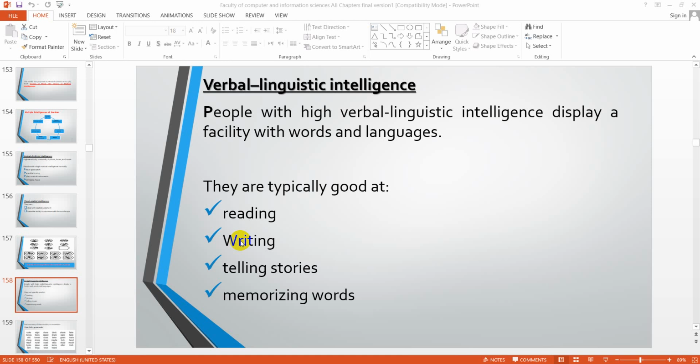Now, what about verbal linguistic intelligence? Sorry, but before that, you should reflect on the issue that we mentioned before. I think that now you are acquainted with the meaning of human intelligence measures and how we can assess IQ, or human intelligence, or intelligence quotient.